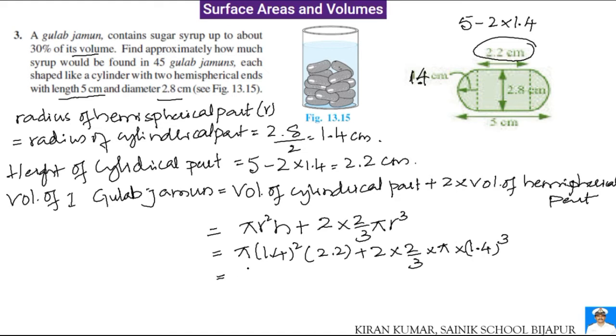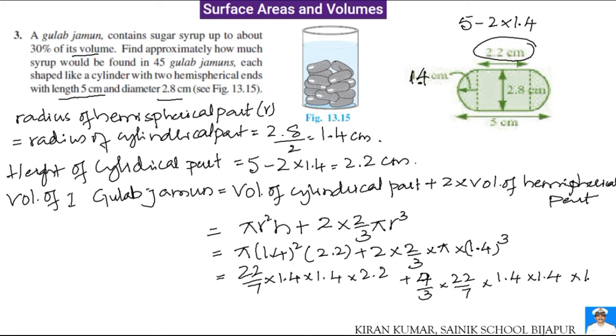Let us take the value of pi as 22 by 7. So 22 by 7 into 1.4 into 1.4 into 2.2 plus 4 by 3 times 22 by 7 multiplied to 1.4 into 1.4 into 1.4.